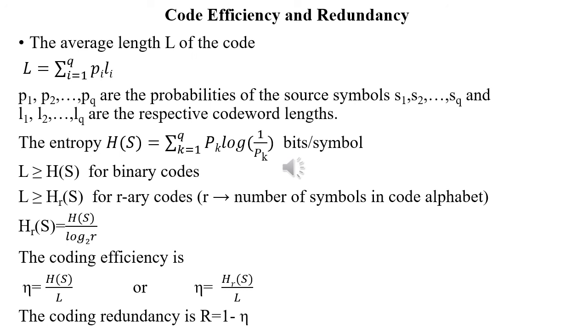The entropy H is equal to summation pk log 1 by pk, and L will always be greater than or equal to H(S) for binary codes, and L will be greater than or equal to Hr(S) for r-ary codes, where r is the number of symbols in the code alphabet. Hr(S) equal to H(S) by log r to the base 2. The coding efficiency is defined as eta equal to H(S) by L or Hr(S) by L. The coding redundancy is R equal to 1 minus eta.